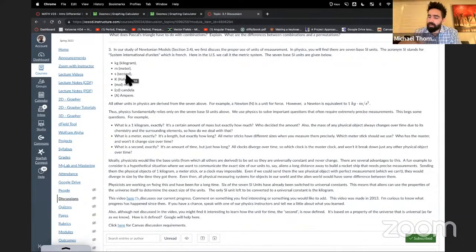So every single unit you run across in physics at its fundamental core will be based on these guys. So why do we talk about these? Well, here's the thing. We've got 7 of these things, and most of physics relies heavily on them. So for example, the kilogram, that's a big one.